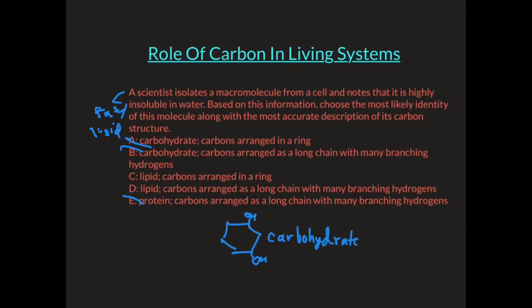Whereas in a lipid, if you remember, lipids have very long chains of carbon and hydrogen, so they look something like this. Each of these is a carbon, and you'll have lots of hydrogens branching off like that. So we know that C is wrong, and D says carbons are arranged as a long chain with many branching hydrogens, and so this is the correct answer.